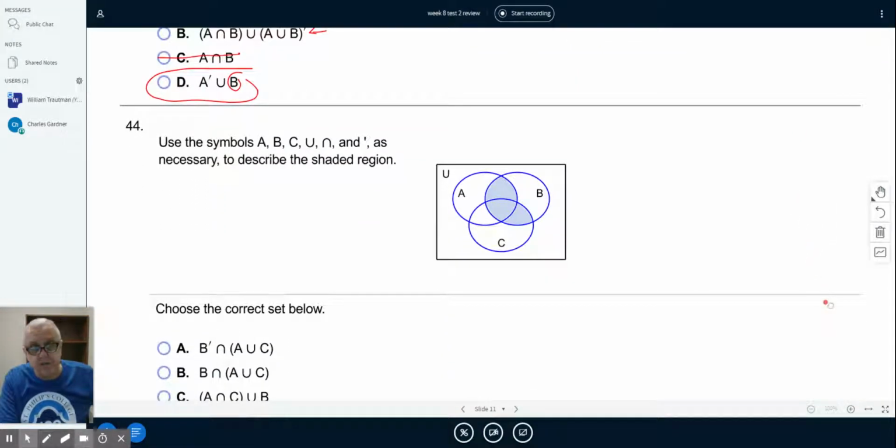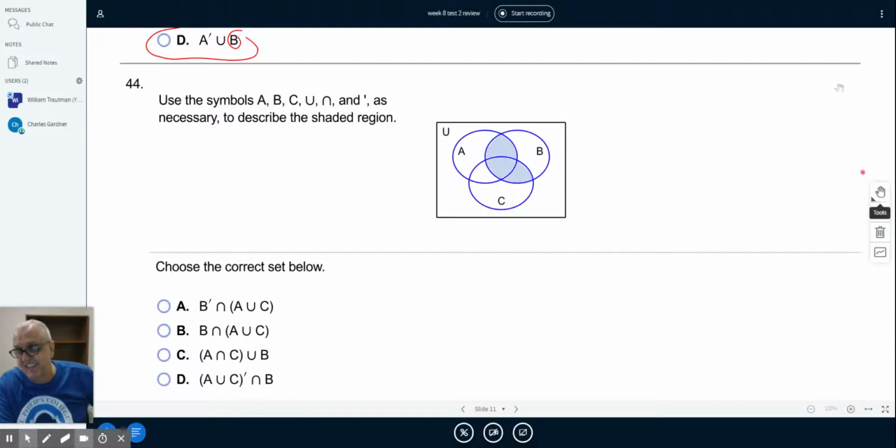Same thing. Oh no. I don't want to do this one. I'm looking for which one seems the simplest. This right here is B. This part right here is B intersect A. So I'm thinking this might be it. That's what I'm looking for.